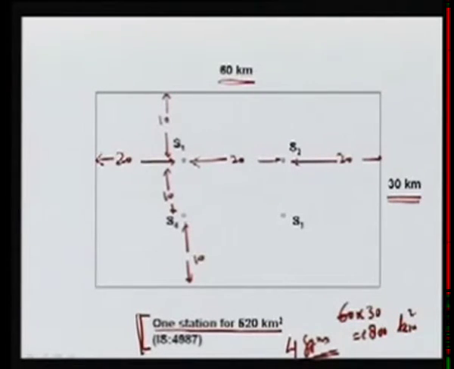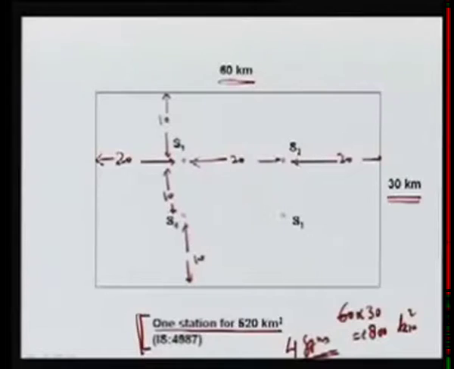Once we have put these 4 stations there, we have to see whether these stations are adequate or not. So we will collect the data for a few years and analyze that data to see what is the variance or the typical variation within these stations. For example, rainfall at S1, S2, S3 and S4, are they very similar or is there a wide variation? So for this we need to analyze.